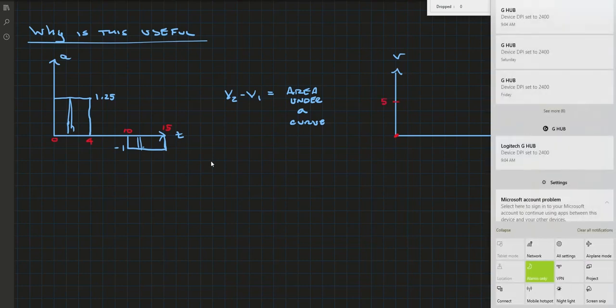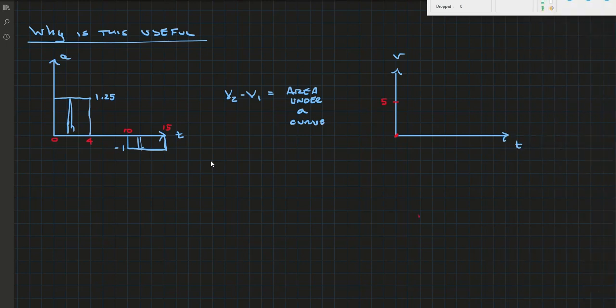So at some position 4, the value of the velocity here is 5. Then I recognize that this is constant, so this must be a line between these 2 points, so I can sketch in a line. Has to be a straight line.